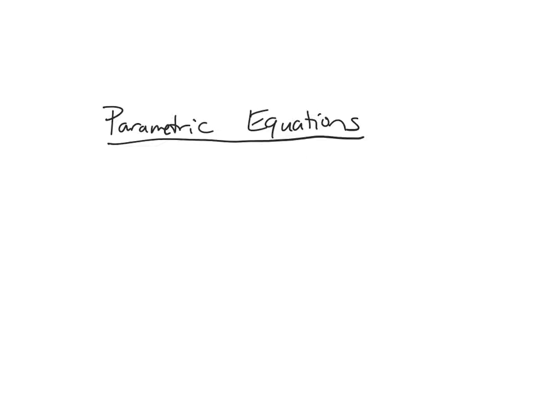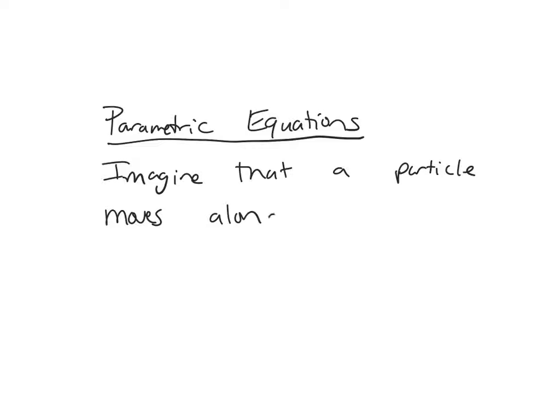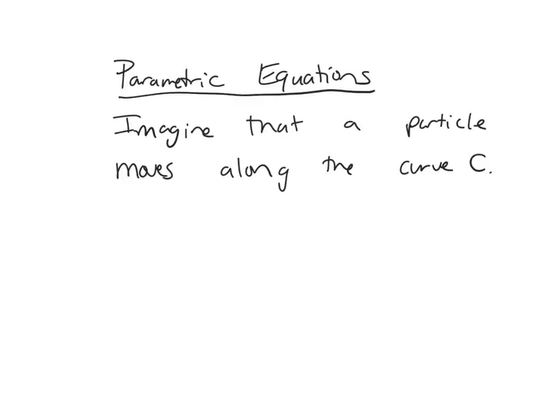So the next section we're going to talk about is parametric equations. So let's imagine that a particle moves along the curve C that I'm going to draw right here.